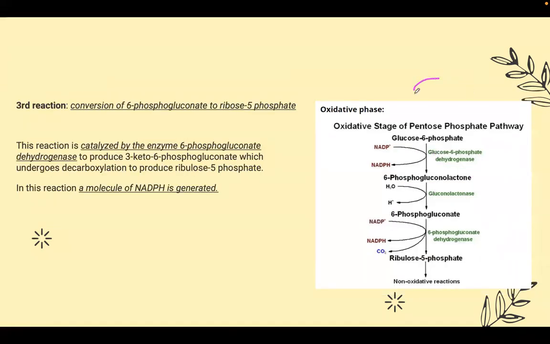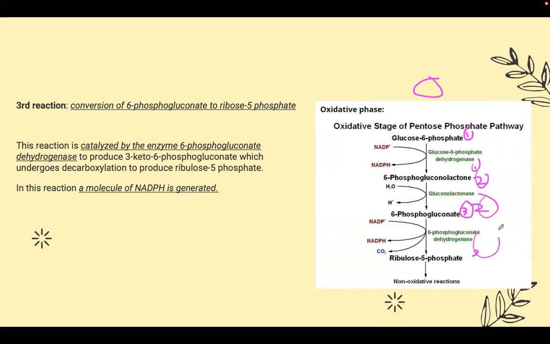Next naman, patuloy pa rin tayo mag-drawing. Zero reaction, first reaction, second reaction, and then the third reaction is the conversion of your 6-phosphogluconate to ribose phosphate. Okay, ito na po yung tinatawag natin third reaction.